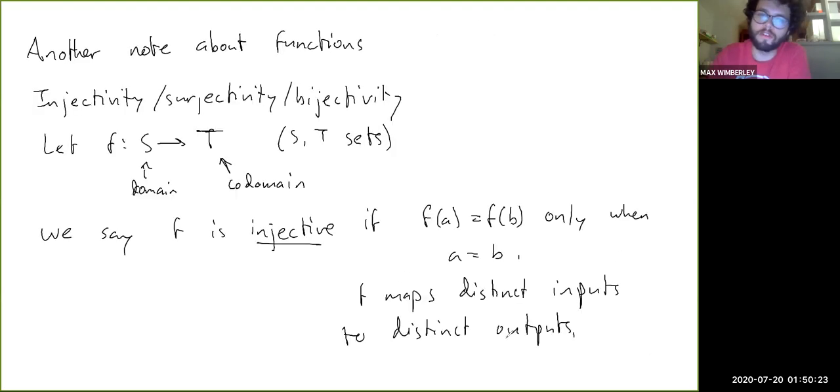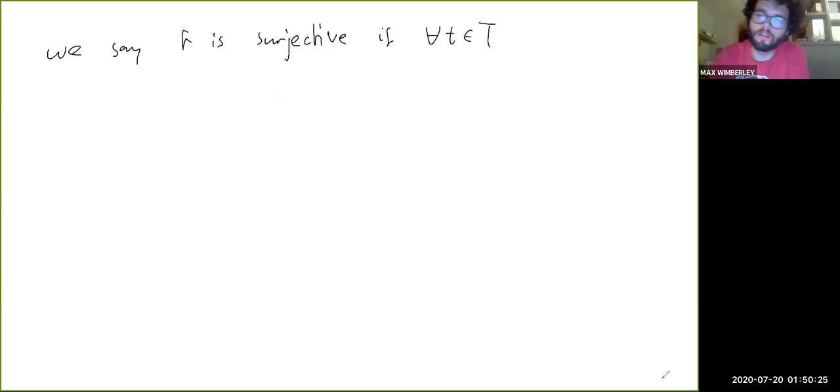So that's injectivity. We say f is surjective if for all t in the codomain, and remember, T is the codomain here, every value in the codomain is actually the image of some value in the domain.